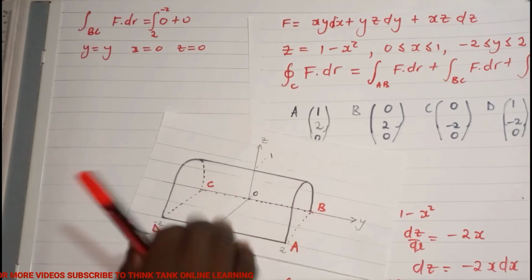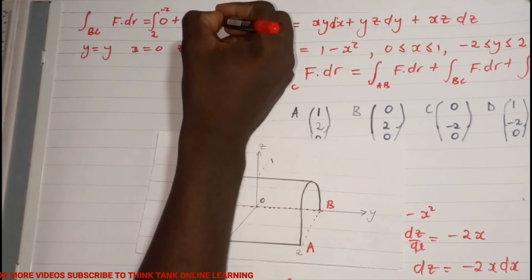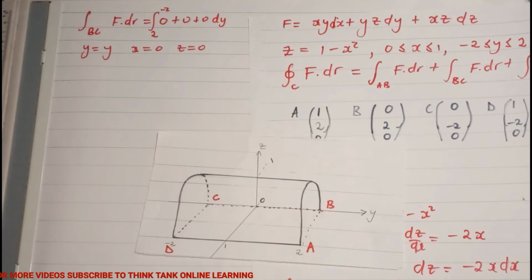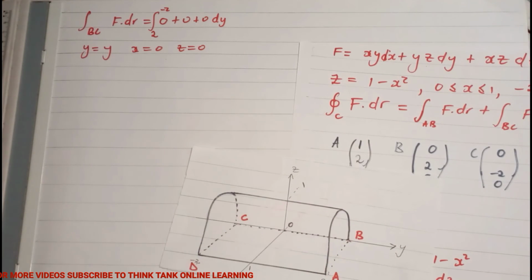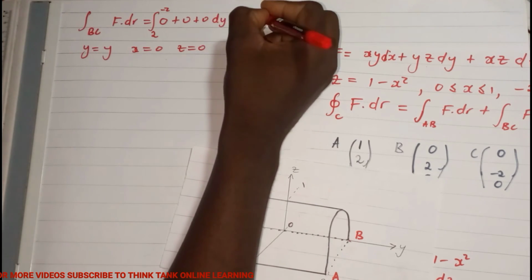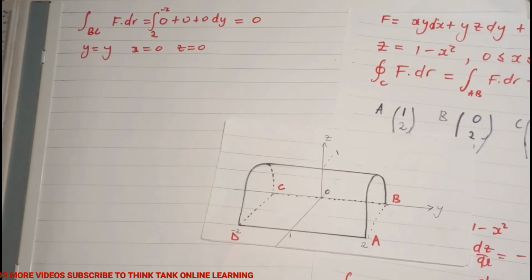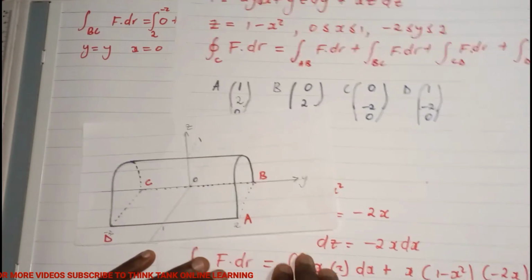Then xz is equal to 0 also, dy. If we integrate with respect to y, what we are going to get is equal to 0.